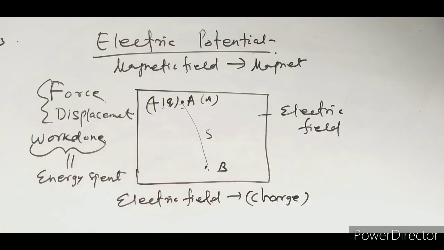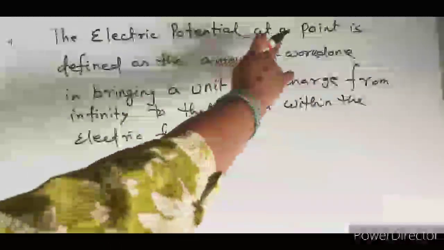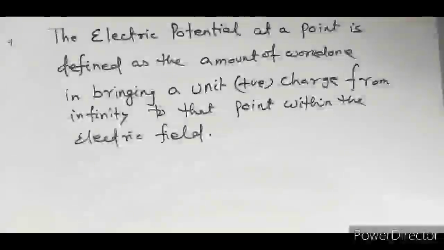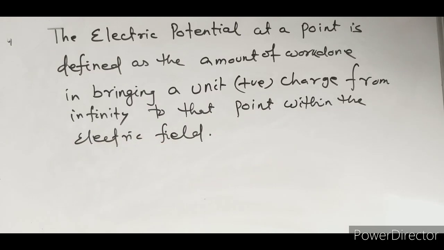That is known as electric potential. The electric potential at a point is defined as the amount of work done in bringing a unit positive charge from infinity to that point within that electric field.